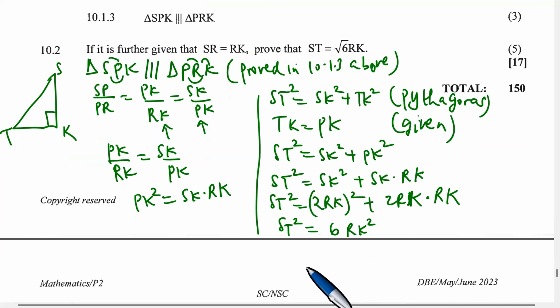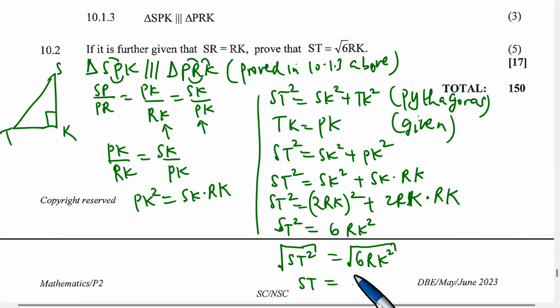And then now, if this is true, you take the square root on both sides. So this is ST. So ST squared, which is 6 RK squared, which means you have RK here.